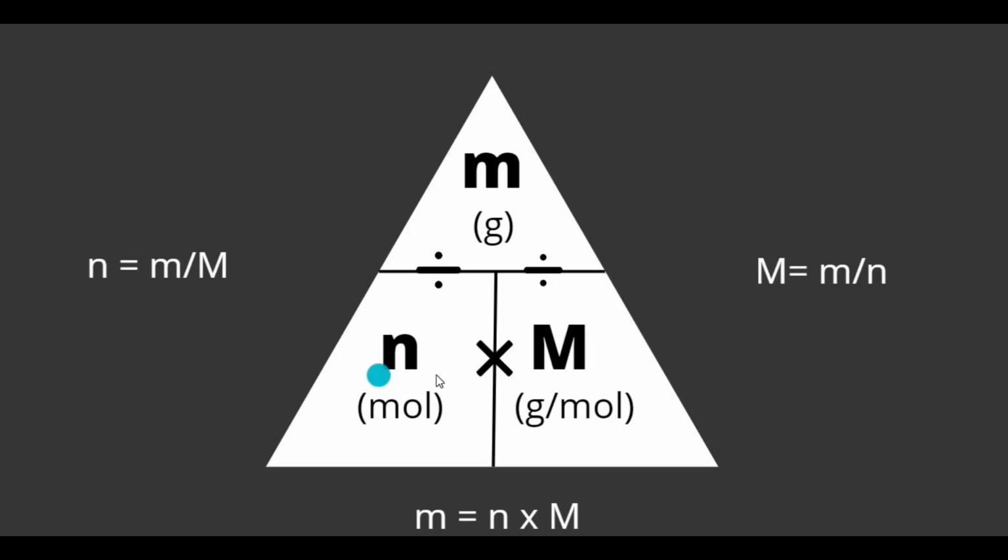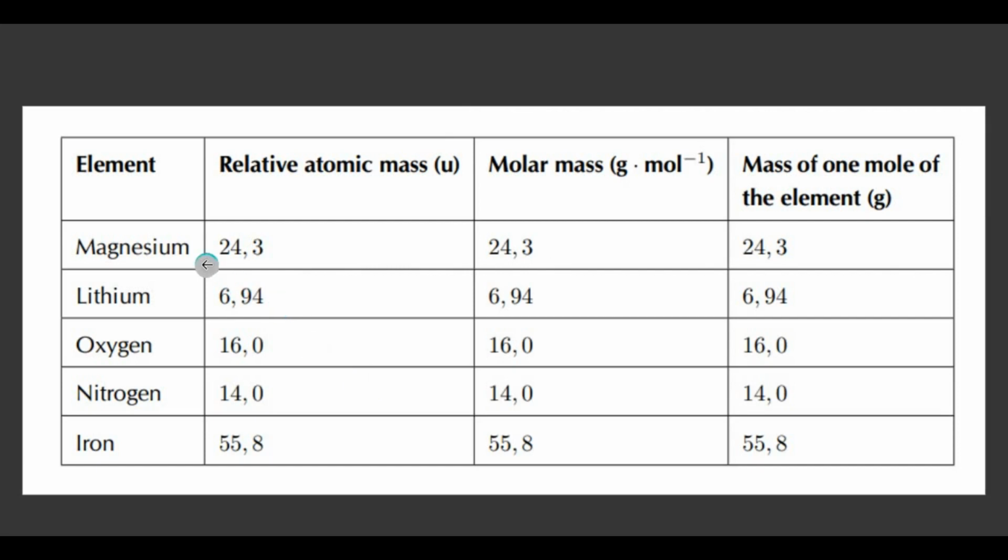So you see, n equals m divided by M. But m equals n multiplied by M. And this big letter M equals m divided by n. Hope that is clear. So we can further explore this idea, right?